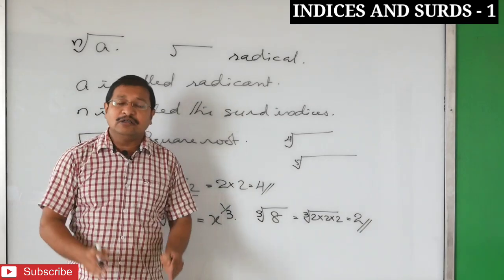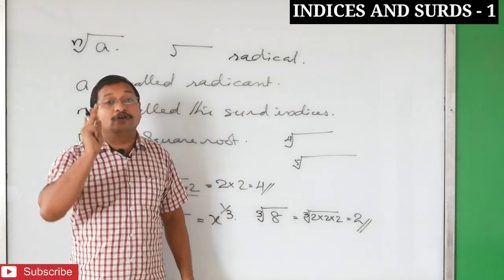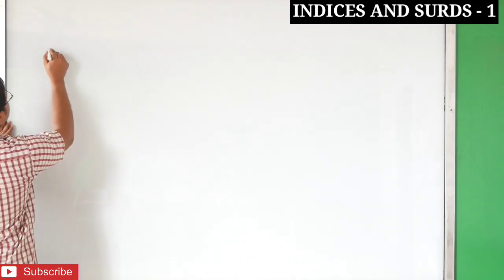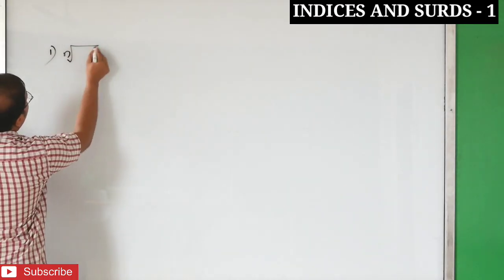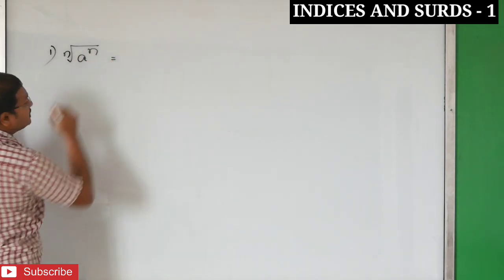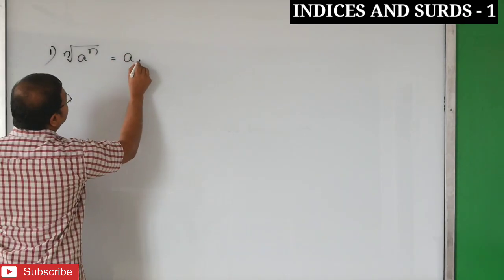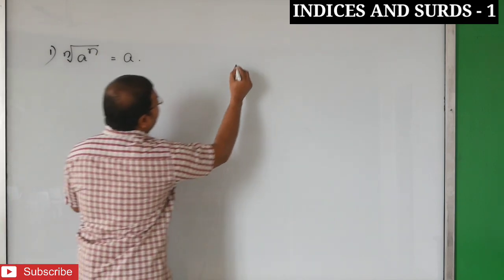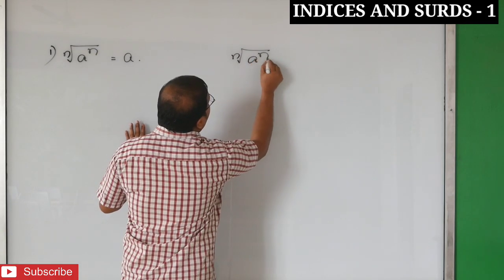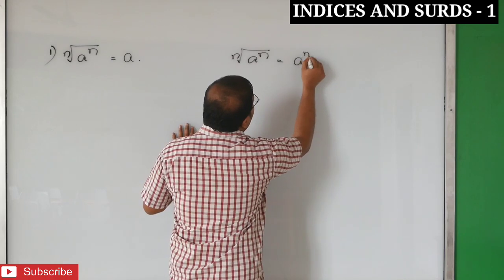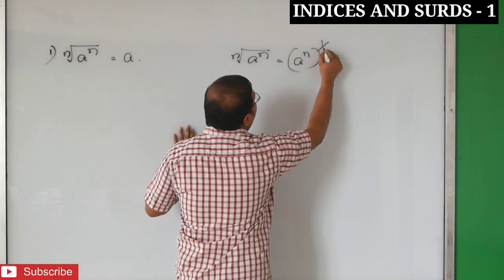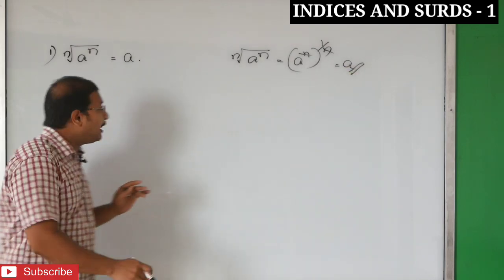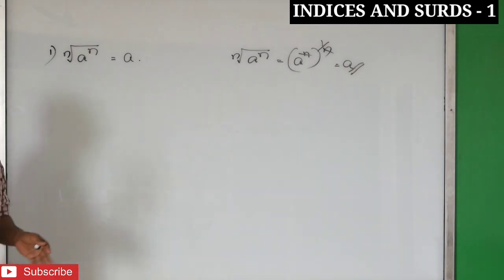Ready? Let's see now some of the formulas which belong to surds. The first equation: nth root of a raised to n equals a. Because nth root of a raised to n means a raised to n, the whole raised to 1 by n. N will cancel, we will get only a. I am not going to simplify, I will just write the equations.